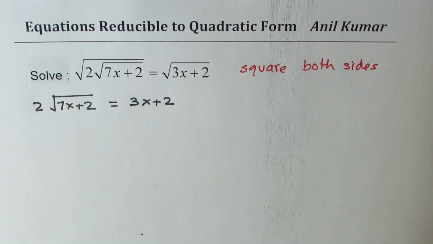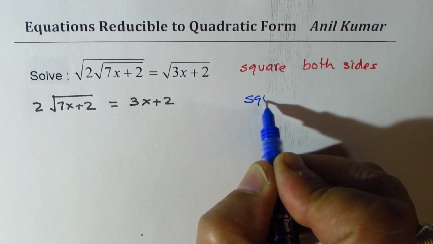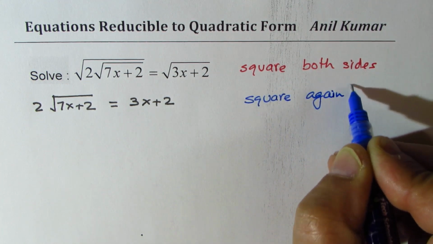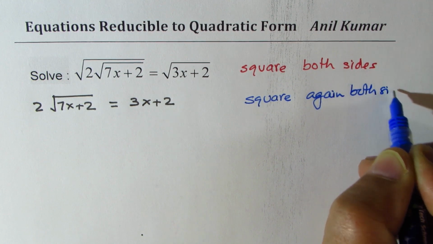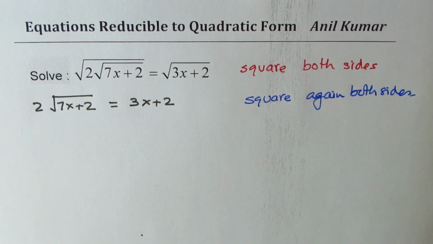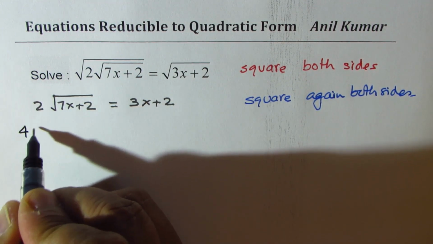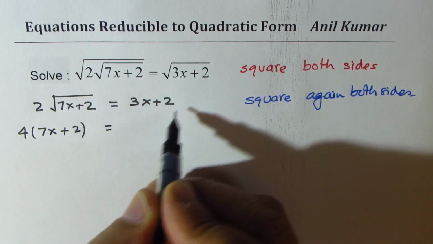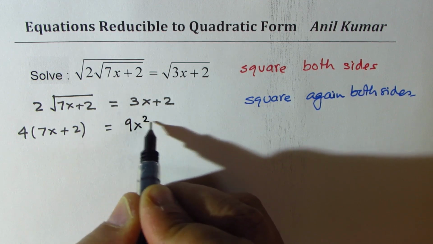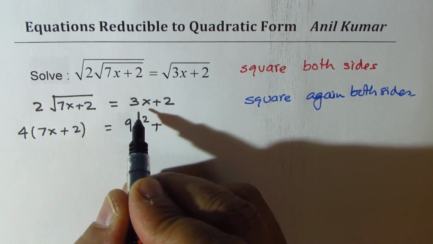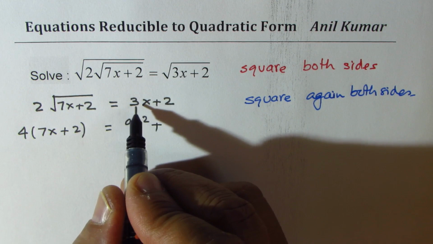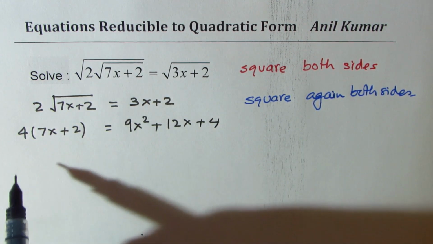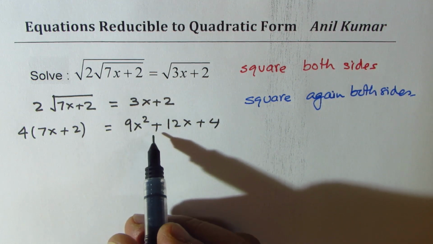Now let us square again, right? So let's square both sides again. In that case, we get 4 times 7x plus 2 equals, the square of this will be 9x squared plus 2ab, that means 6 times 2, 12x, plus 4. Now we can solve as a quadratic equation.